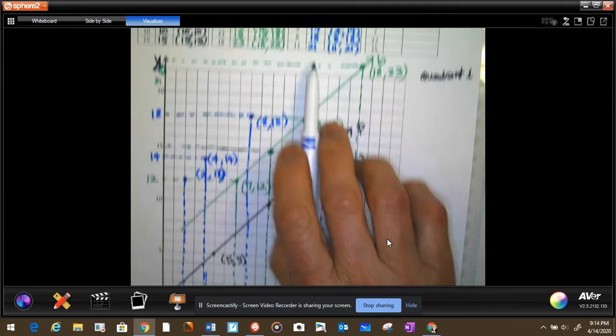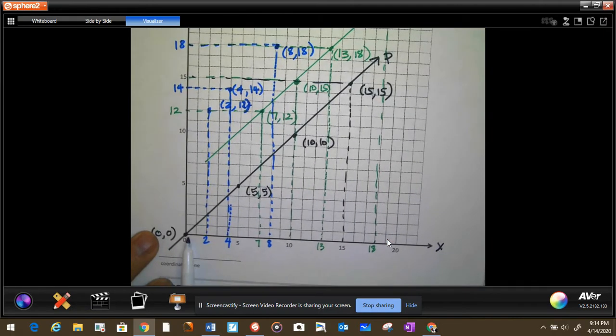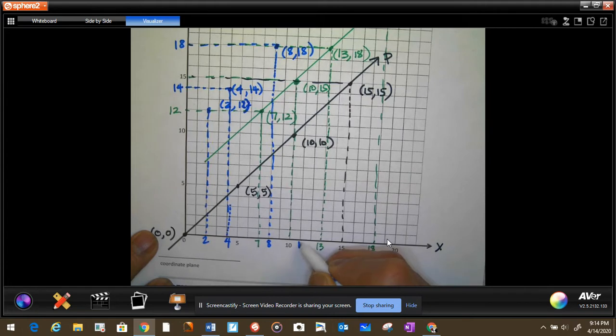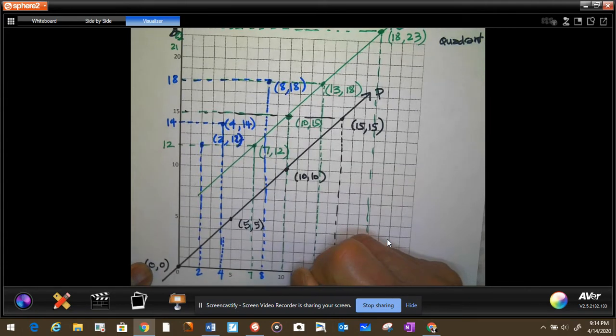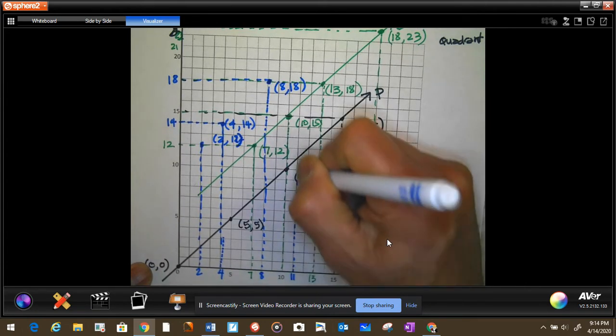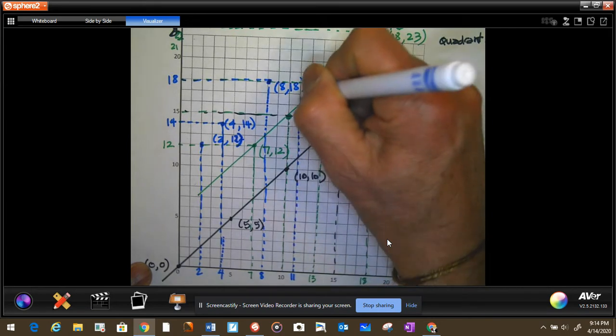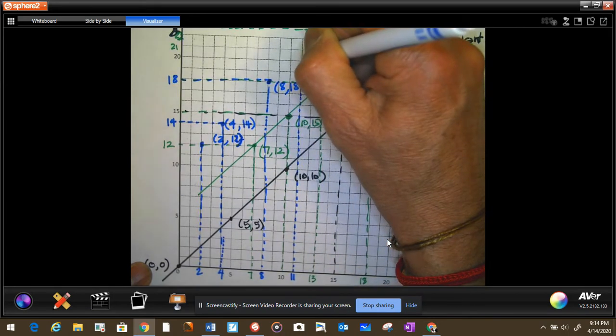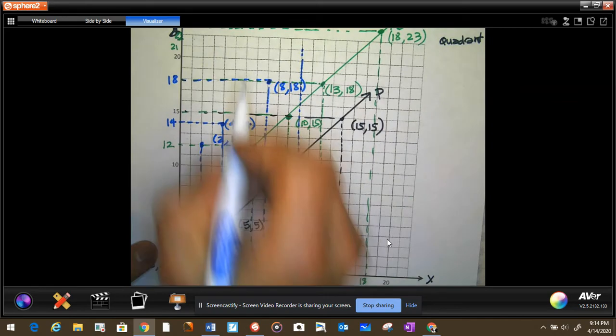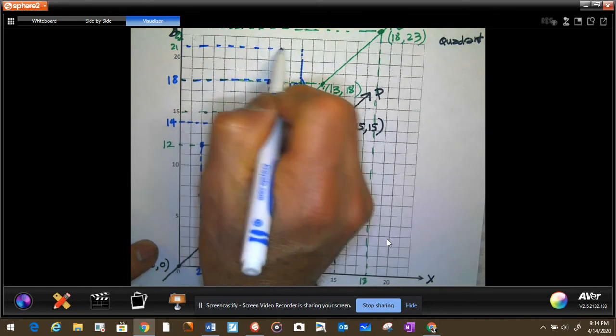Our last point is 11, 21. So x is 11. We're going to run to 11, which is 1 more than 10. And the y coordinate is going to be 21, which is right there. See 21 right there, 1 more than 20.